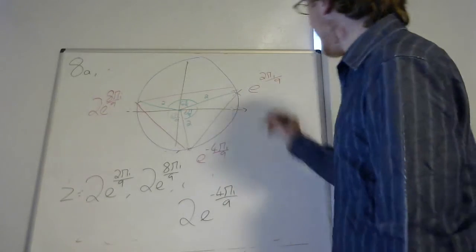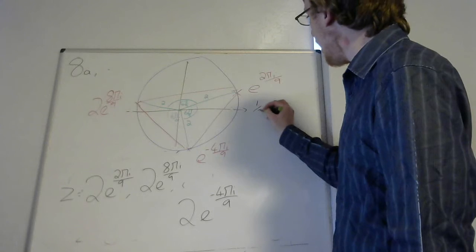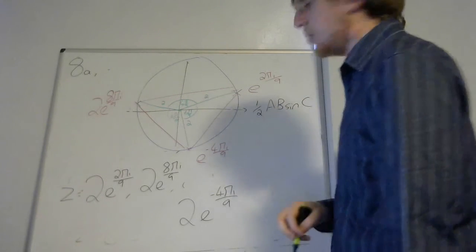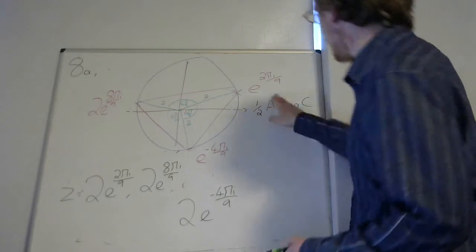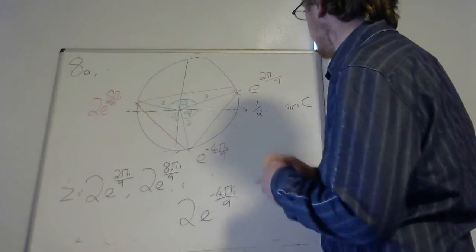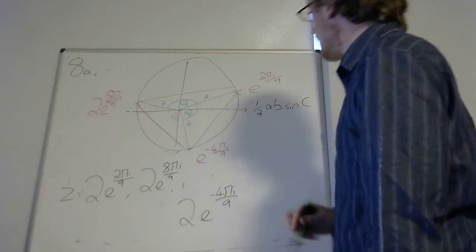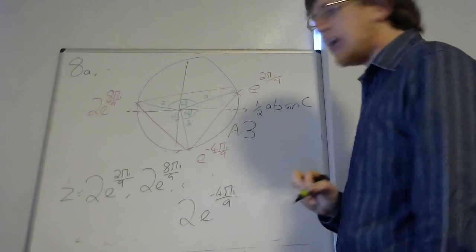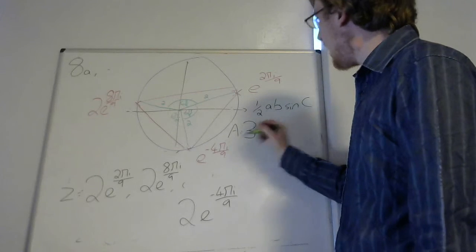And the area of the triangle is a half ab multiplied by sine of the angle between them, sine C. Half ab sine C. We usually write the sides out in small letters like that. So the area of the big triangle is 3 multiplied by the area of a small triangle.